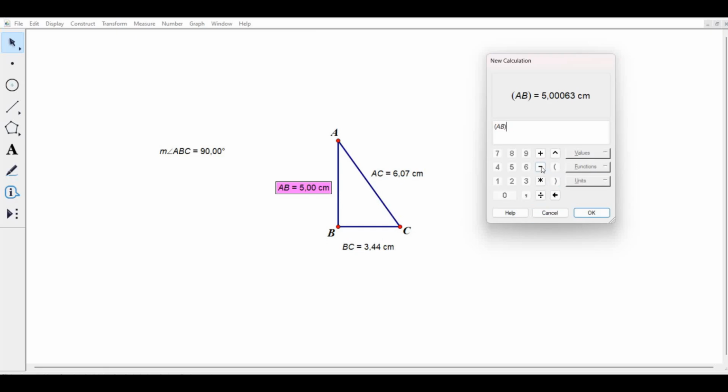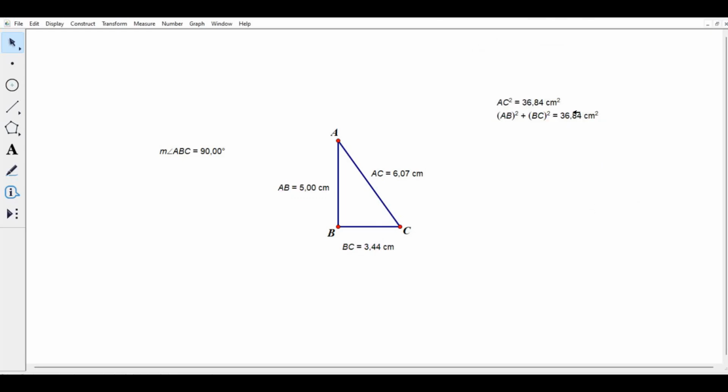So I have AB squared, plus, brackets, BC squared, right? And what does that give me?